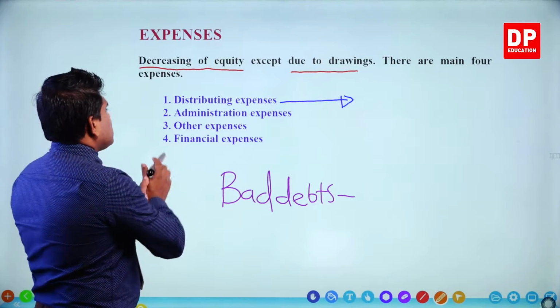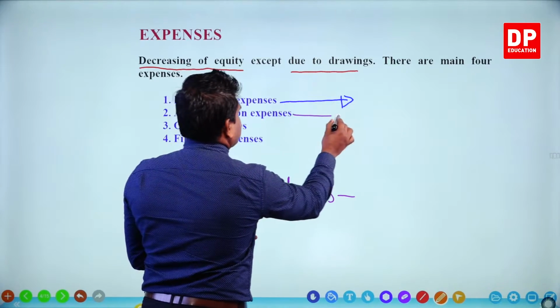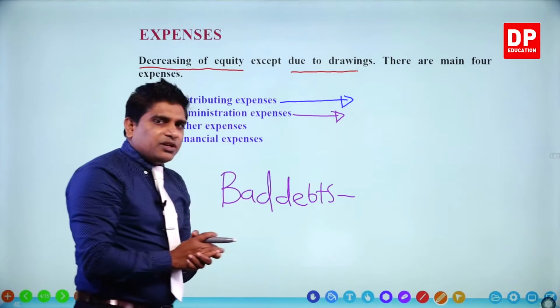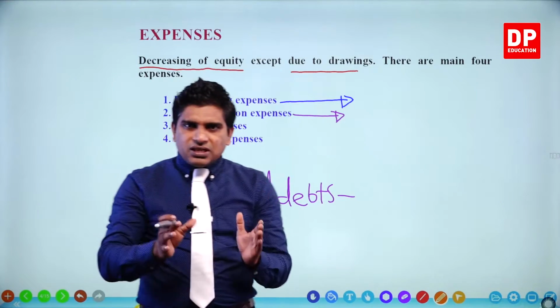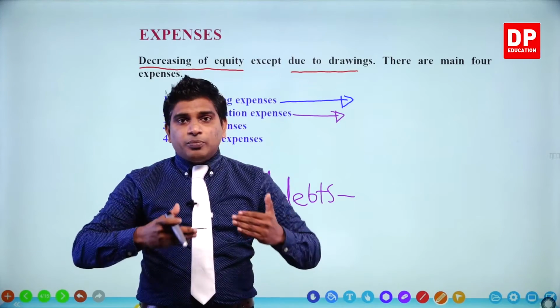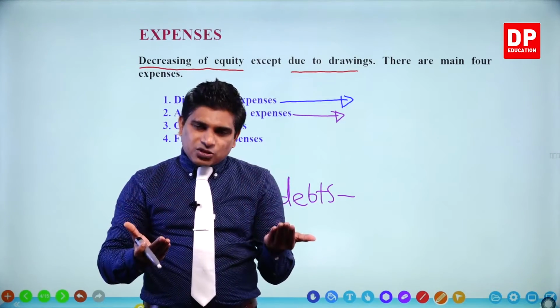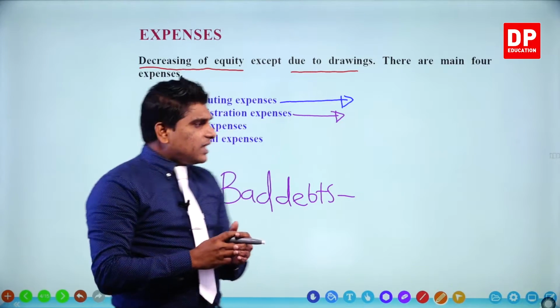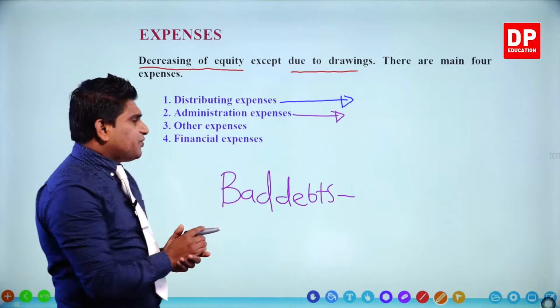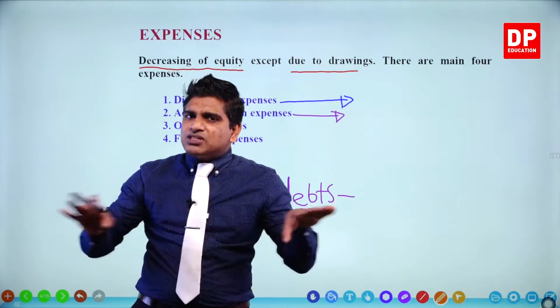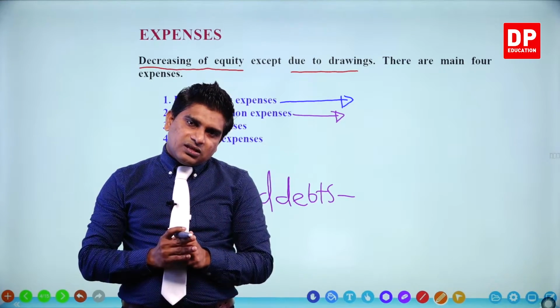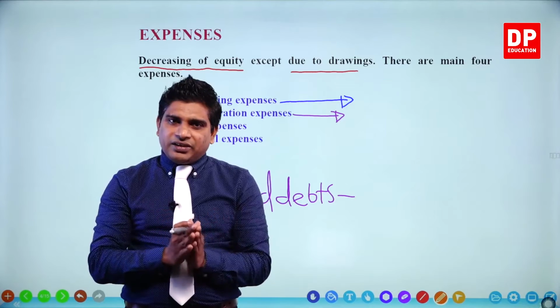Now the second one is administration expense. To conduct a business, you want to pay the water bill, the telephone bill, employee salary, and insurance expenses also. Remember, these expenses we classify as connected with administration related activities.